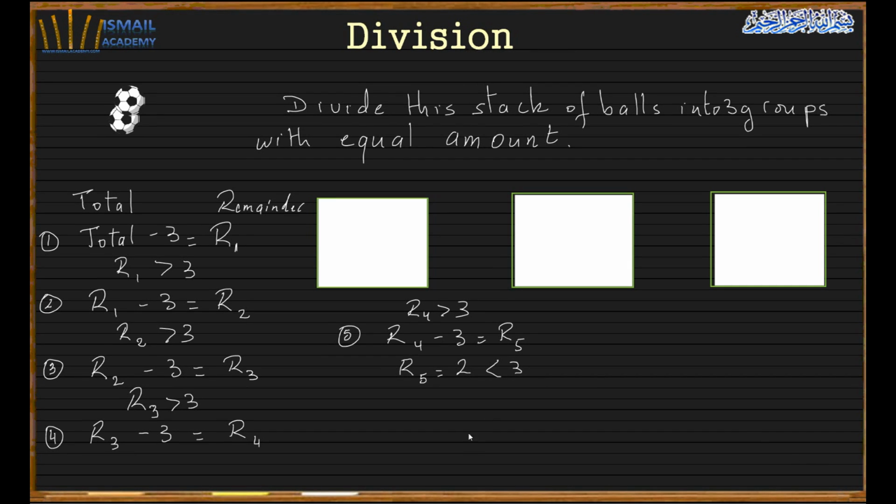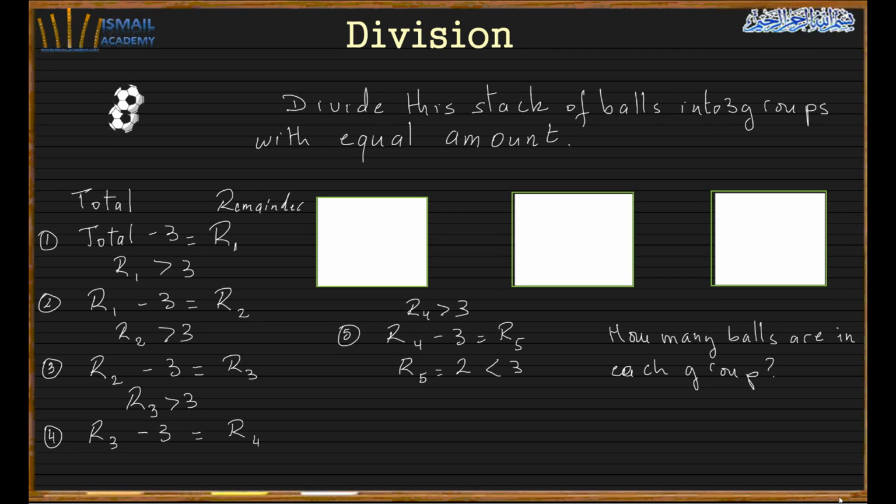Now after we divide this stack into 3 groups, my question is how many balls are in each group? We could count the balls in one of the boxes, but I don't want to count the balls in the boxes.